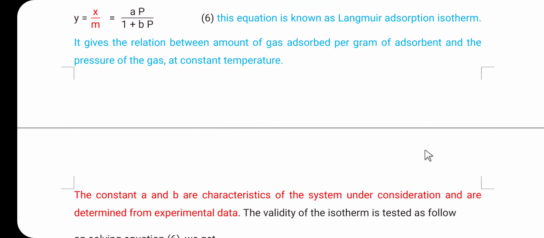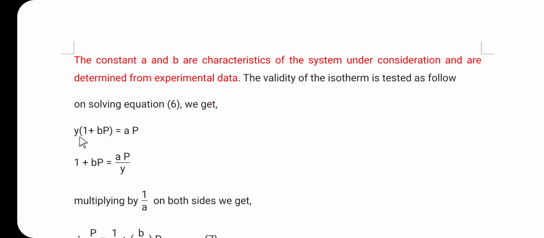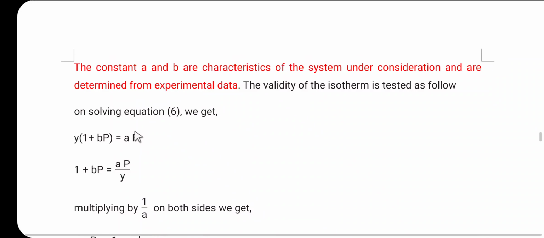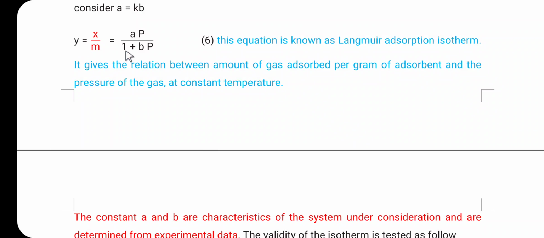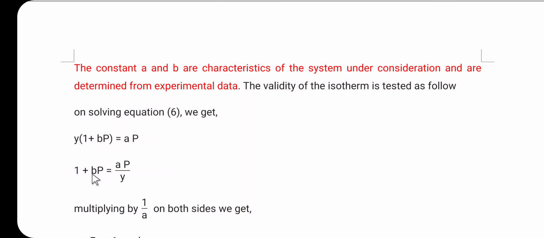We have equation 6, Y is equal to X by M is equal to A into P divided by 1 plus BP. By solving equation 6, we can write Y into (1 plus BP) is equal to A into P. This equation can be rearranged.